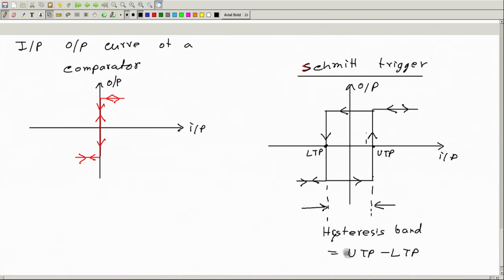Now, if you make upper trigger point equal to lower trigger point and both equal to 0, then this will become like this. So, this is a special case. You can think that upper trigger point is equal to lower trigger point is equal to 0. This is 0 volt.